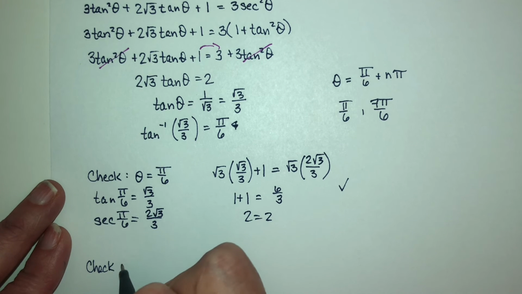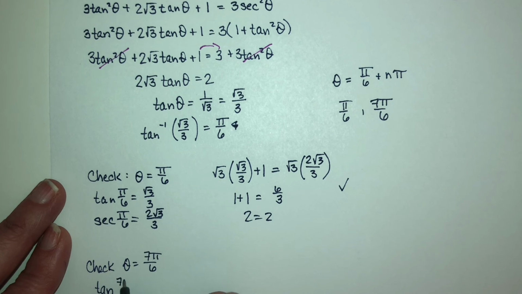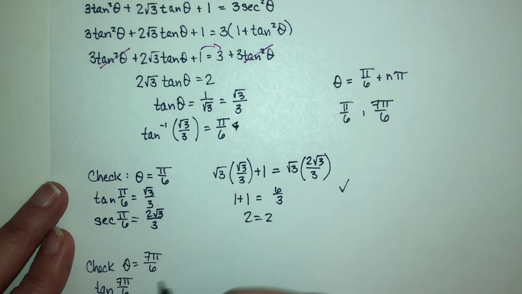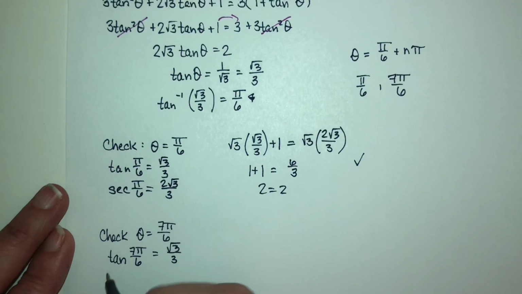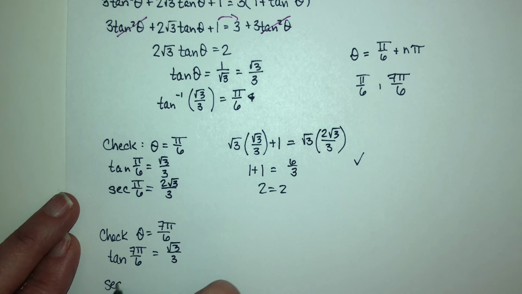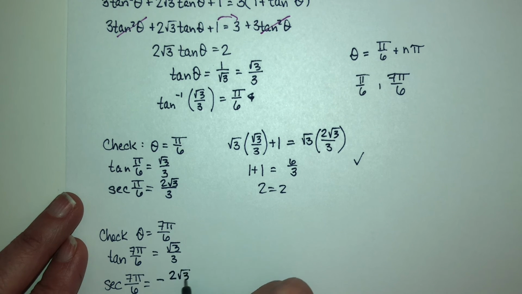Now let's check theta equal to 7 pi over 6. Tangent of 7 pi over 6 is square root 3 over 3. And secant of 7 pi over 6 is negative 2 square root 3 over 3.